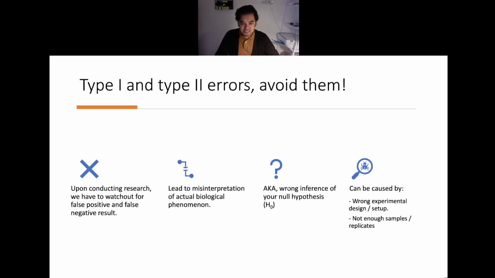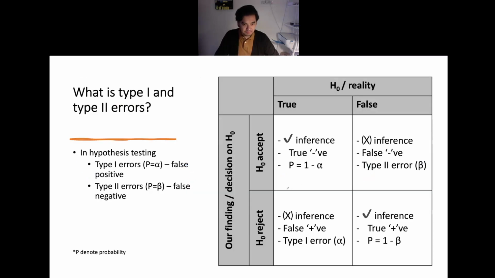In statistical analysis, the false positive and false negative are called type 1 and type 2 errors, which also give you a wrong inference about your null hypothesis. There are many reasons that can cause type 1 and type 2 errors. Usually it's due to a wrong experimental design or setup, or you don't have enough sample replicates.